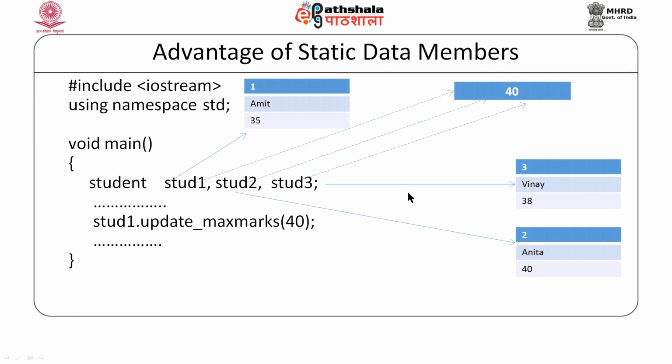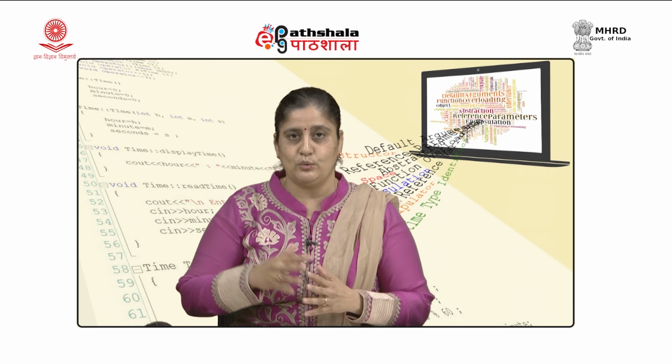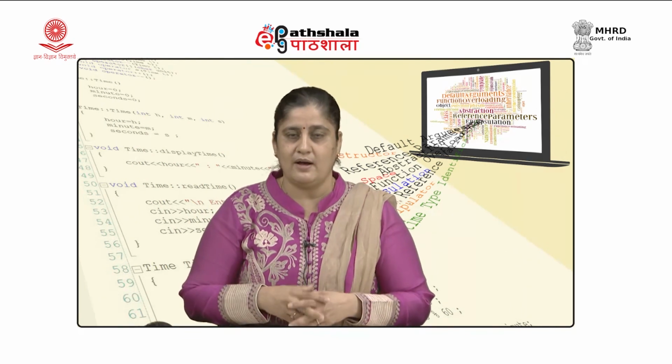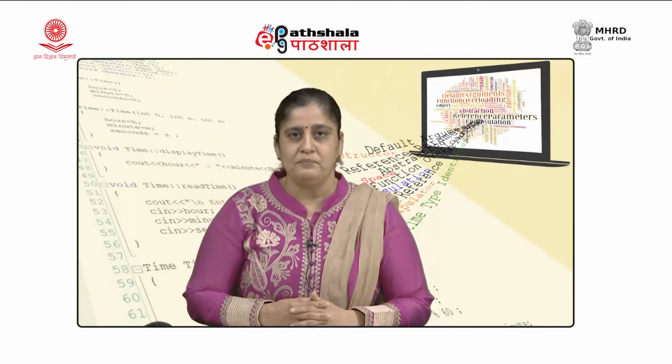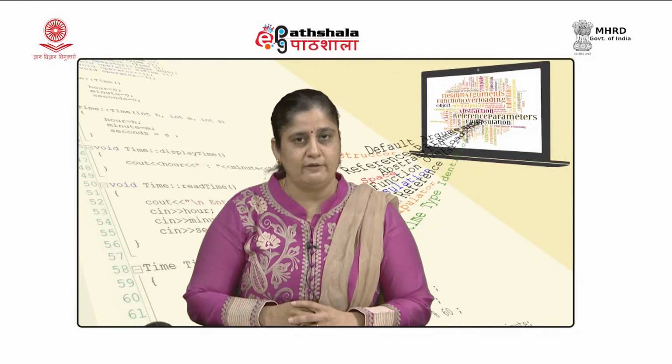Even if I have 100 objects of student class or 500 objects of student class, I just need to invoke this function once on any of the objects of the student class to update these values, and this modification will be reflected to all of them. So, here we also do not have the chance that by mistake we forget to update the maximum marks in some of the student objects, creating a discrepancy and inconsistency in the data, and major issues with the computation that we do.